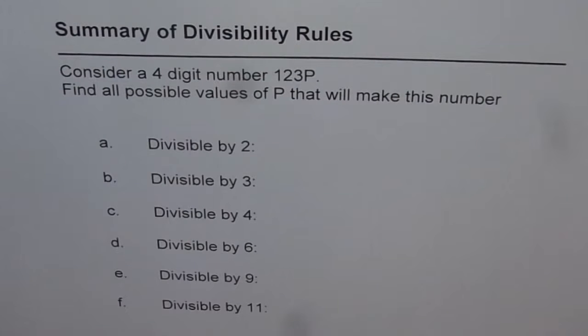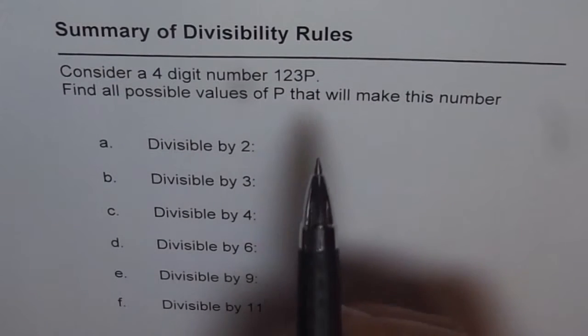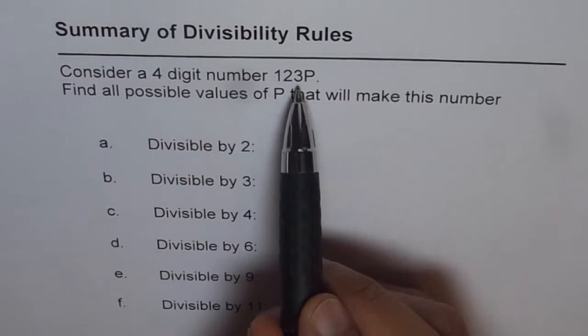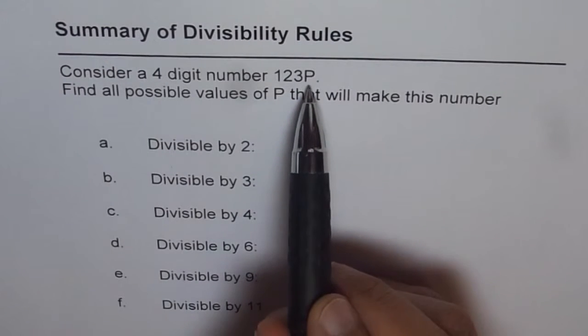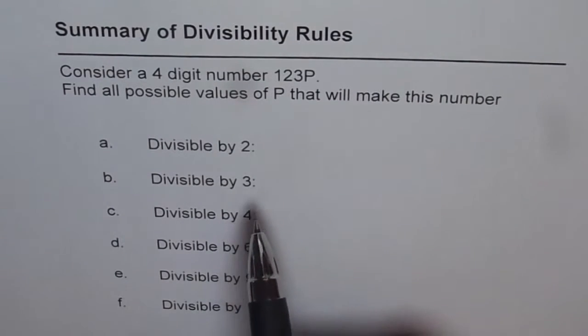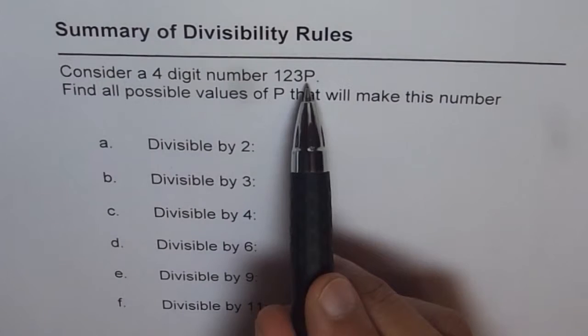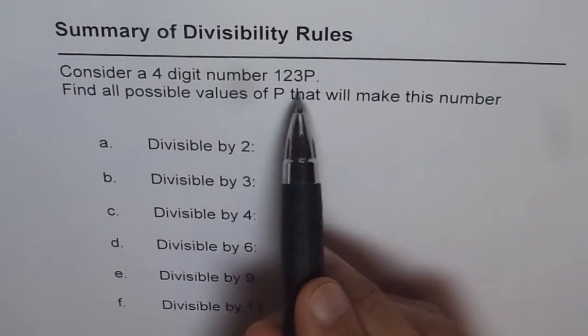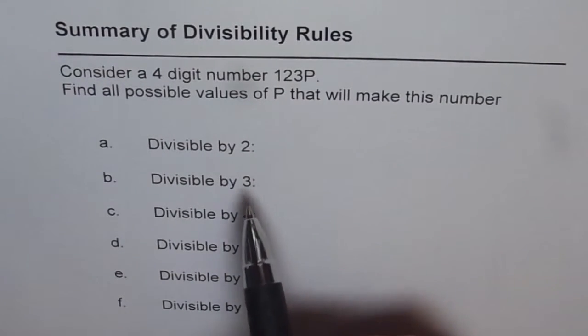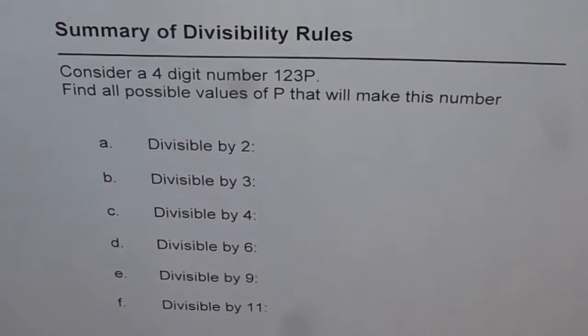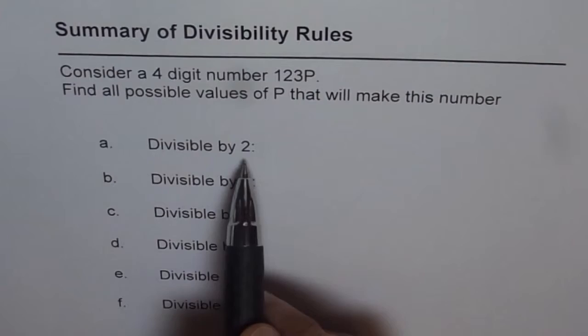So let's go through it one by one. We have a 4-digit number 123P, where the ones place is any digit from 0 to 9. We need to find all possible values of P so that the whole number 123P is divisible by these numbers individually. So let's look into divisibility by 2.